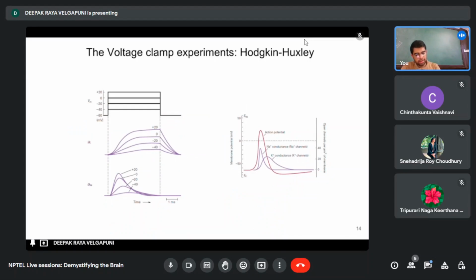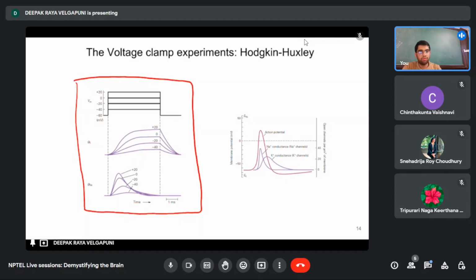This is one of the exact graphs they formed from this voltage clamp experiment. They maintain the membrane voltage constant according to the command they wish, and see how the conductances of potassium and sodium change. They were able to plot and characterize that, and see which components correspond to which part of the action potential. The rise of the action potential coincides with an increase in Na plus conductance, and the repolarization phase is characterized by an increase in K plus conductance, as you can see in this graph.